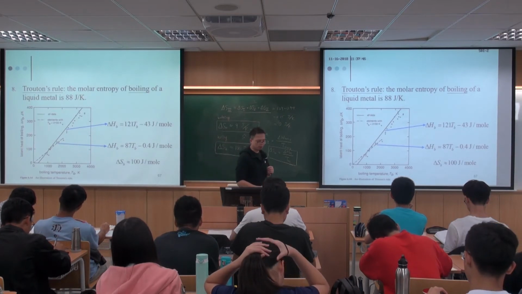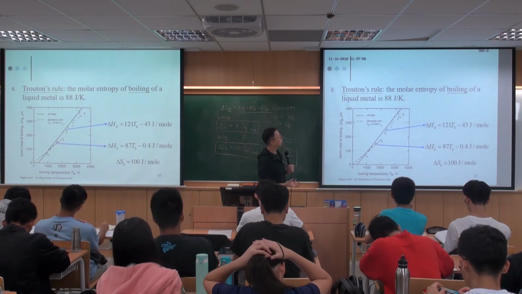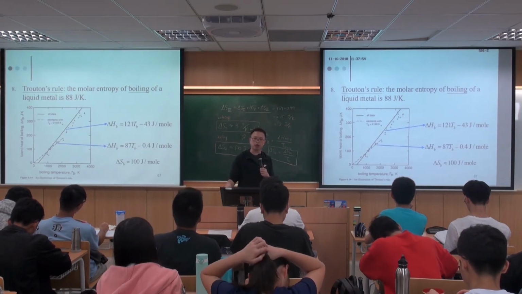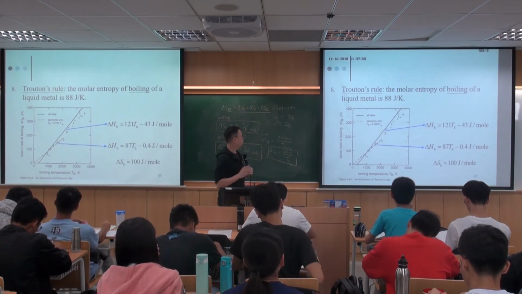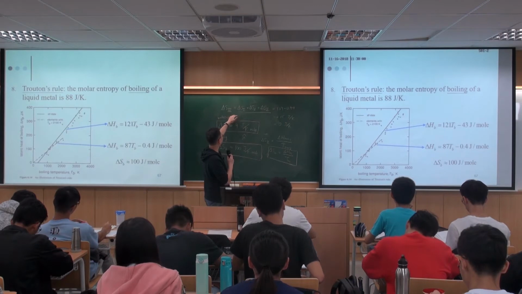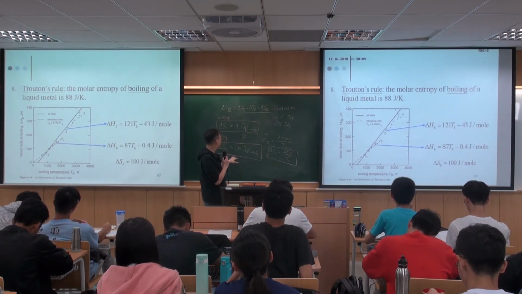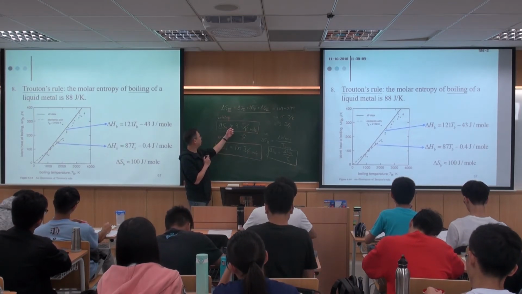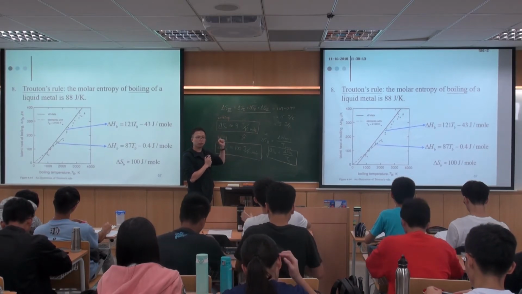And this is consistent with our intuition, right? Because for boiling, you're transforming from liquid to gas. And we know that the randomness for gas is the maximum, right? So this is from solid to liquid, and this is from liquid to gas. Of course, the change of entropy from liquid to gas is greater than that from solid to liquid.